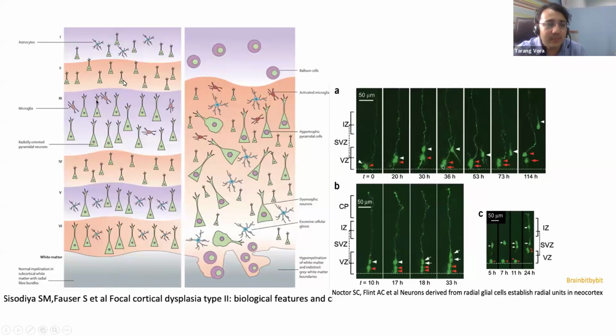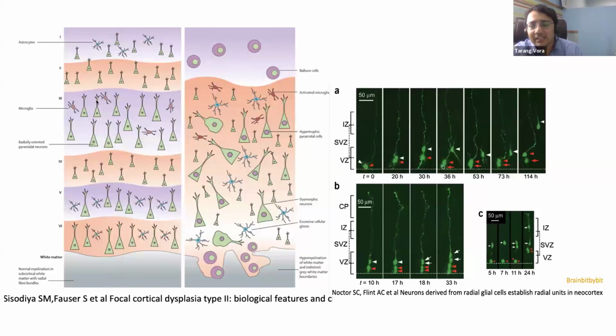On the left, we have the typical six-layered human cortex with different types of pyramidal cells. You're seeing the neurons, which are triangular in shape, and the star-shaped astroglial cells which are helping them out or binding them together. But when the same neurons in the six-layer cortex are not organized in a typical fashion, are in a disorganized fashion, we call them focal cortical dysplasias.